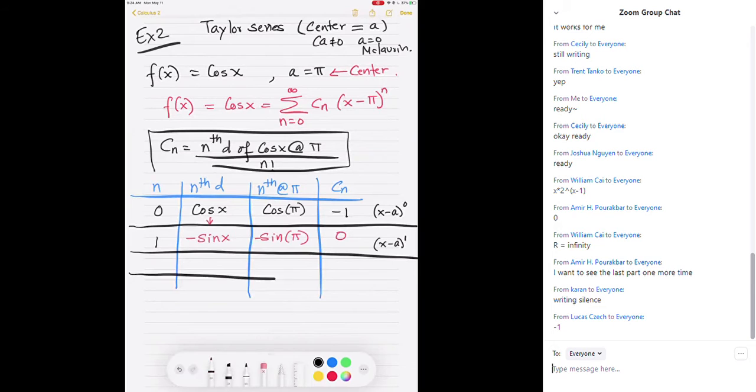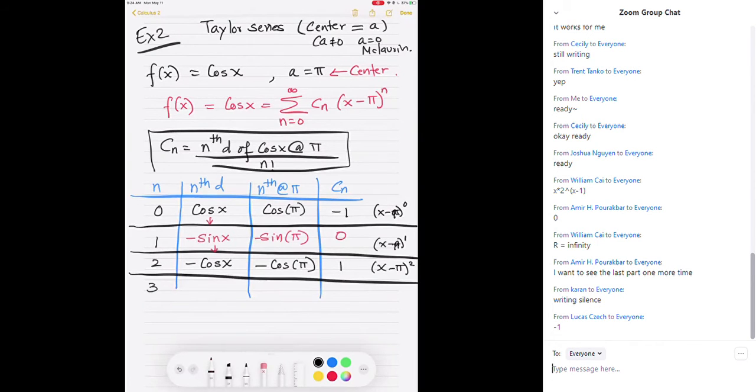So I'm going to fill in this table till maybe 4, not more, once I see the pattern, as Russell pointed out. So we are going to go the derivative of this one, which is going to be negative cosine of x. So that's negative cosine of pi, which is 1. And this is x minus, I should say pi here, x minus pi squared.